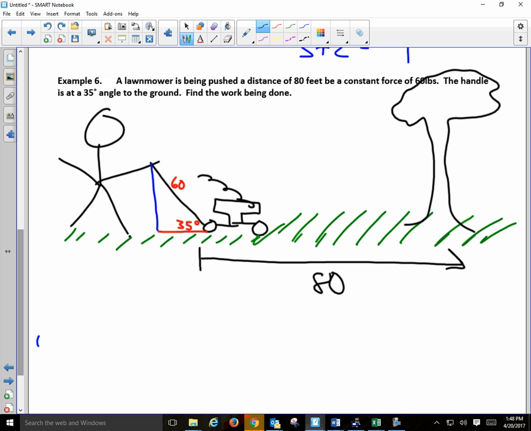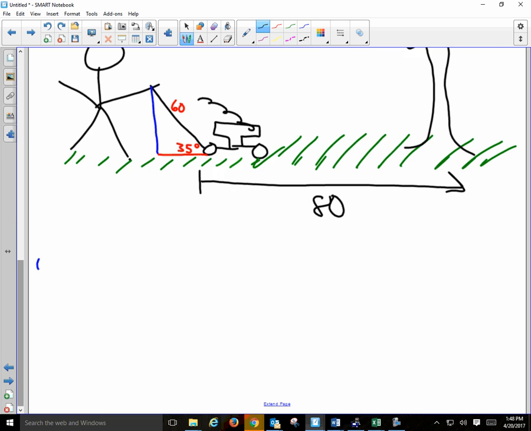80. Now, you know that work is equal to force times distance. I need a distance vector or displacement vector. How many units is it displaced horizontally? How many units is it displaced vertically?